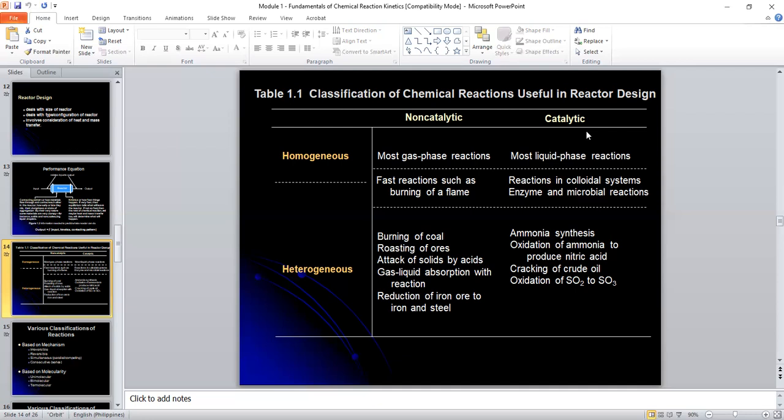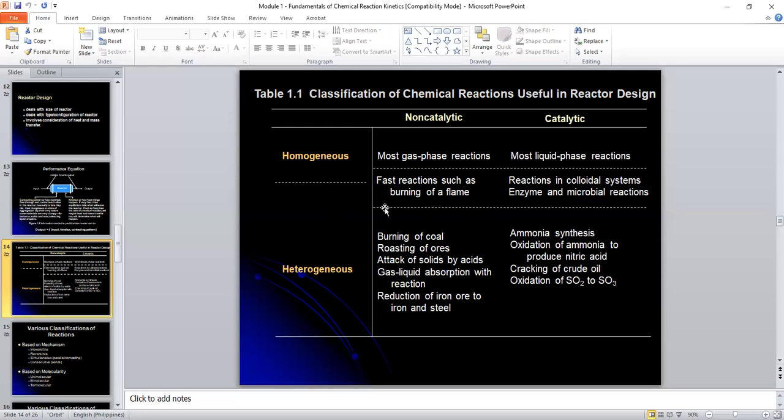The ammonia synthesis, the Haber process, the oxidation of ammonia to produce nitric acid, the cracking of crude oil, and the oxidation of sulfur dioxide to sulfur trioxide are examples of catalytic heterogeneous reactions. Something intermediate between homogeneous and heterogeneous are fast reactions such as the burning of a flame.